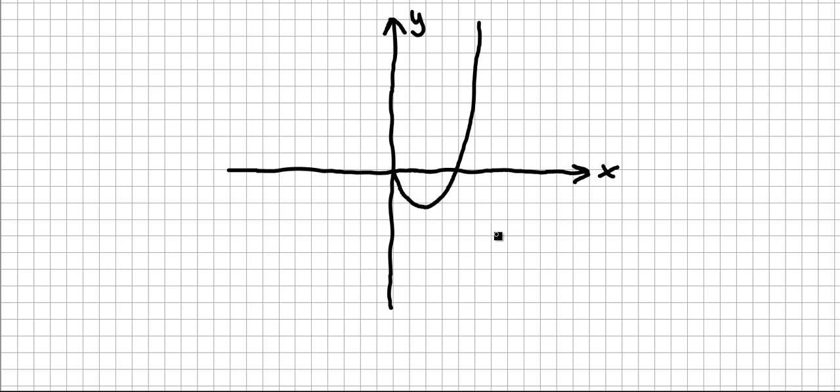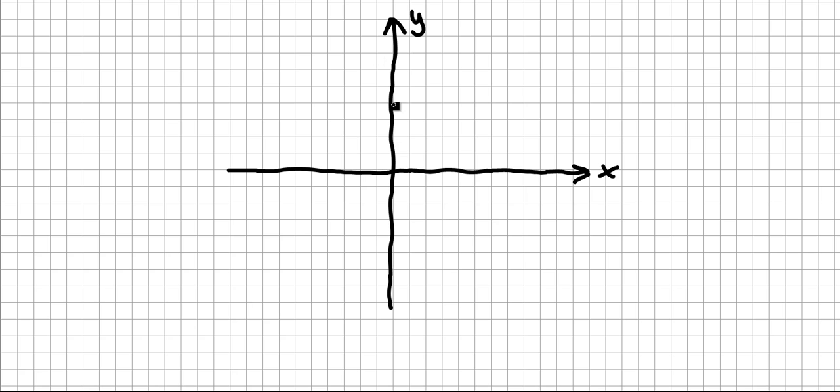Take everything here on this right side, rotate it 180 degrees from the origin, and then we will end up with something like this. So this is an odd function.